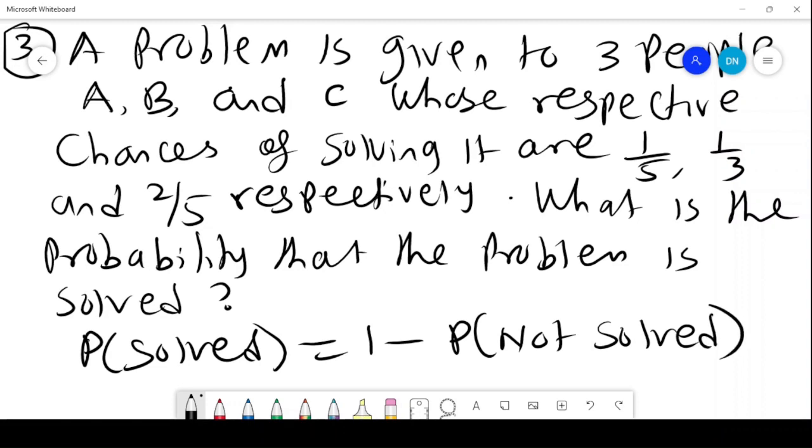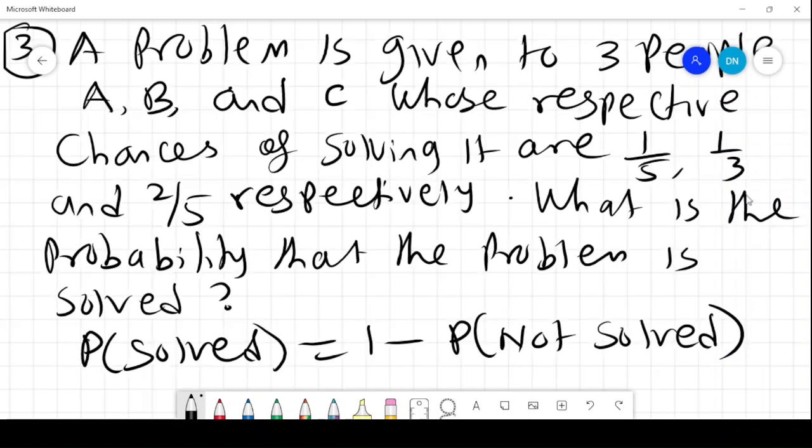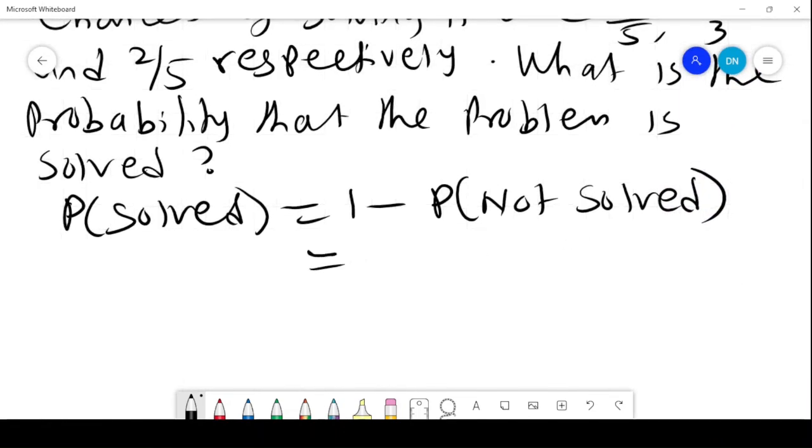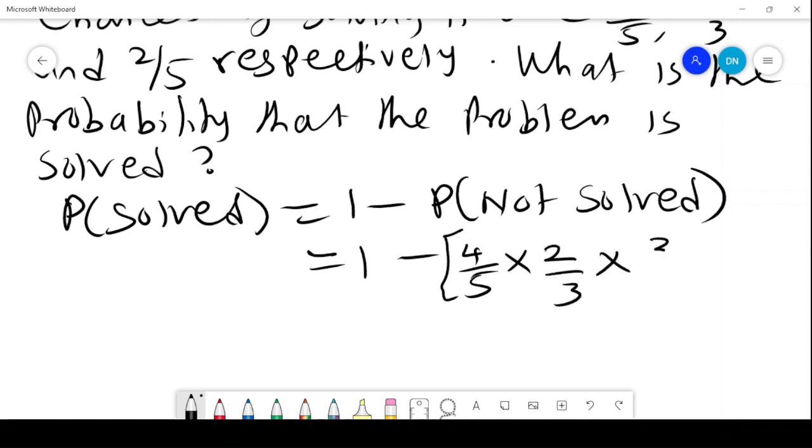And since the probability of solving for each of the persons is independent of the other, then we can write this as 1 minus the probability of A not solving it is 4 over 5, because the probability of solving is 1 over 5. The probability of B not solving it is 2 over 3, and the probability of C not solving it is 3 over 5.